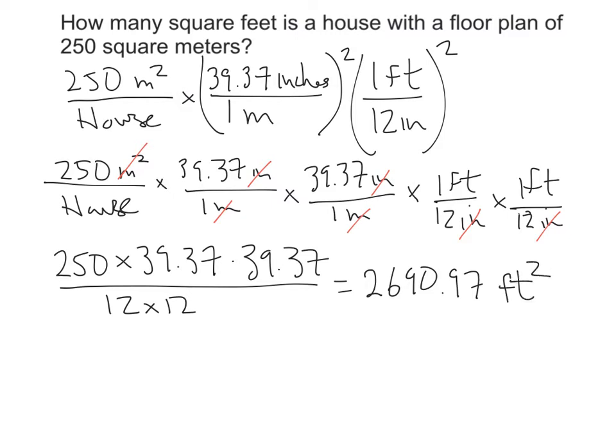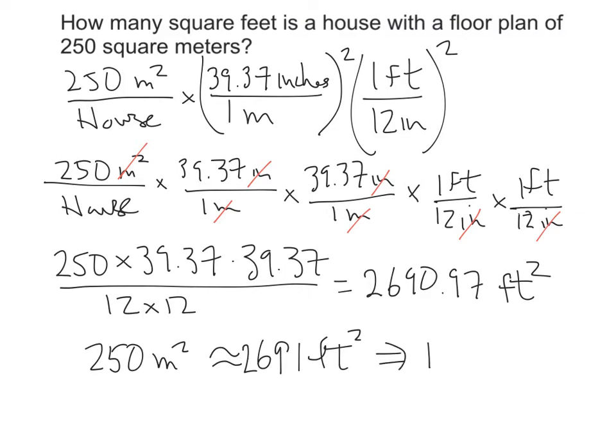So in other words, a 250 meter squared house is approximately 2,691 feet squared.